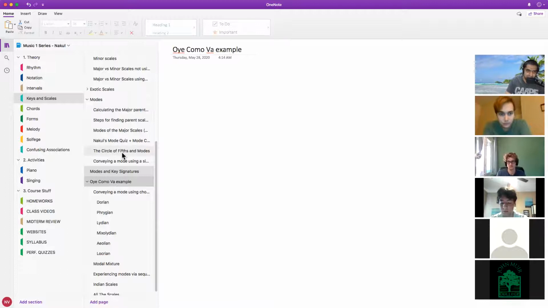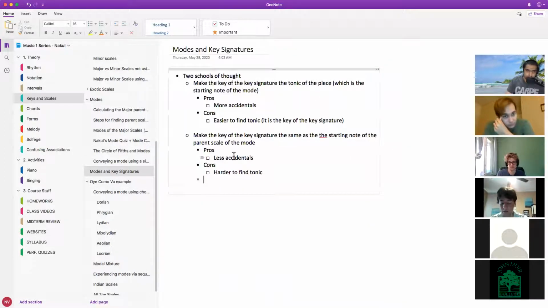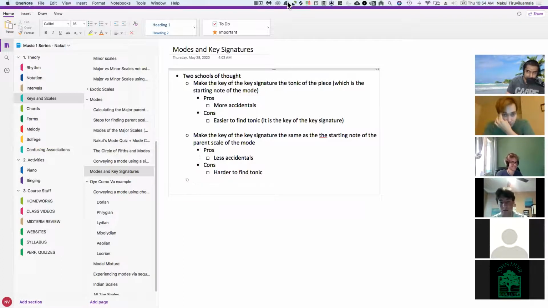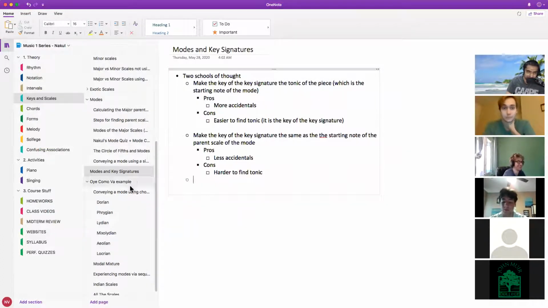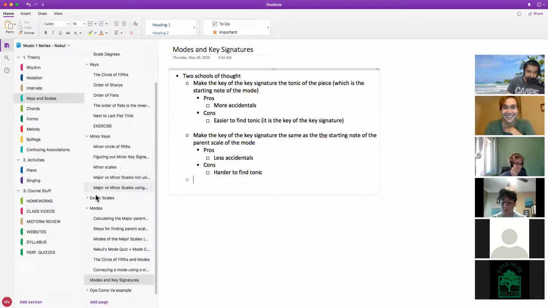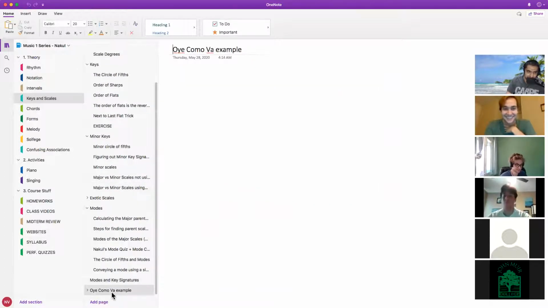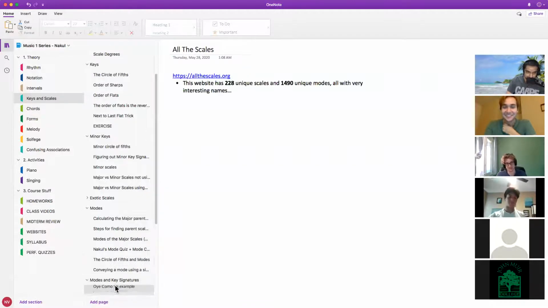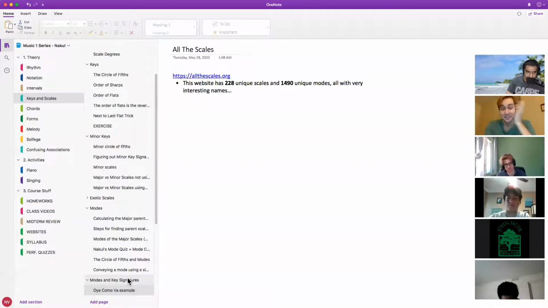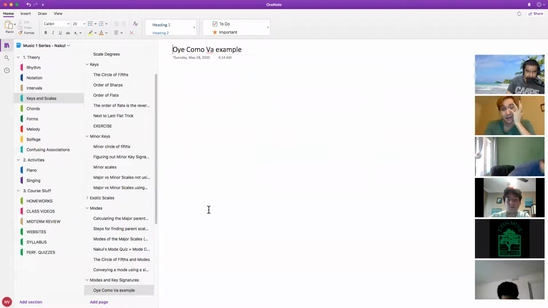All right. Okay, so there's two schools of thought with modes and key signatures. Okay, I think we're out of time. All right, well, we did what we could. Let's just continue next time. Makes a page. I guess you could look at. Oh, okay. I never copied this. I guess I'm just going to talk out loud here.